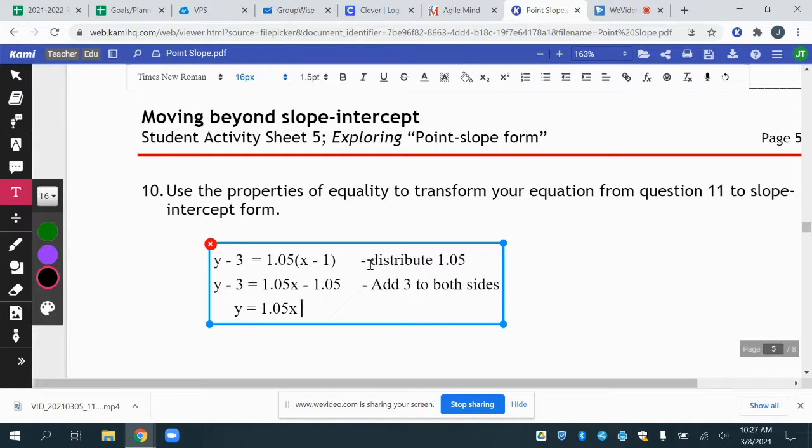Okay, I added 3, so it's going to be positive. Basically, 3 minus 1.05, that's like 1.95. Yep, I like that answer. Okay, so that's the answer.